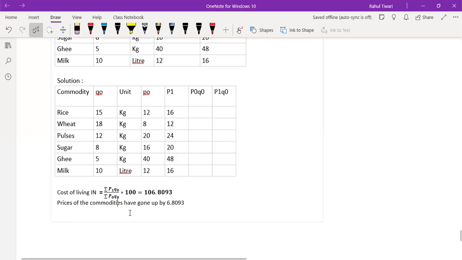So as compared to 2000, in 2006, the prices of commodities have gone up.